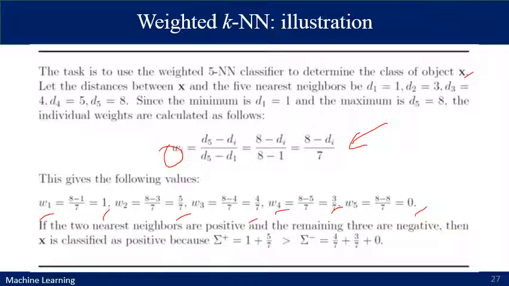In this particular example, we had two nearest neighbors which are positive and the remaining three are negative. We summed up the values and classified the x example as positive because the sum of the two positive values was greater than the sum of the three negative neighbors.